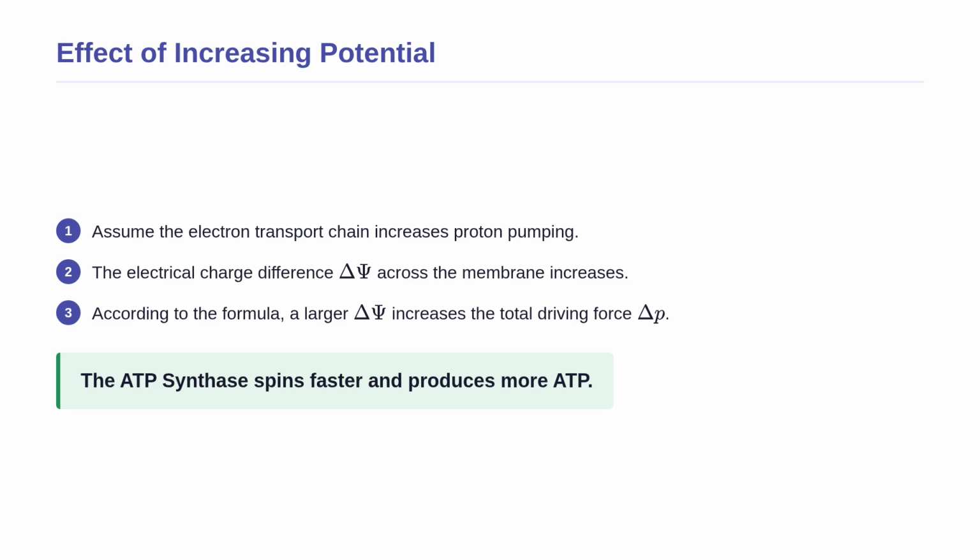Looking at our equation, because the electrical potential is a key component of the total force, an increase here means the total proton motive force must also increase. As a result, the stronger electrochemical pull forces protons through the F0 channel at a higher rate. The physical meaning of this is clear. The ATP synthase motor spins faster, producing more ATP to meet the cell's energy demands.